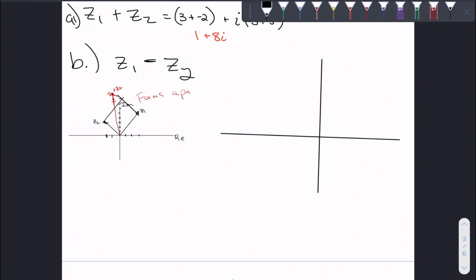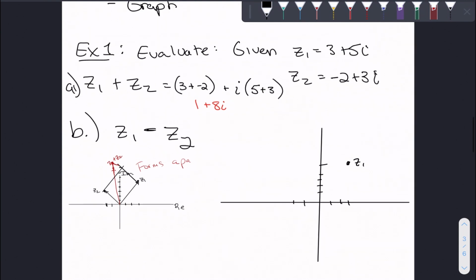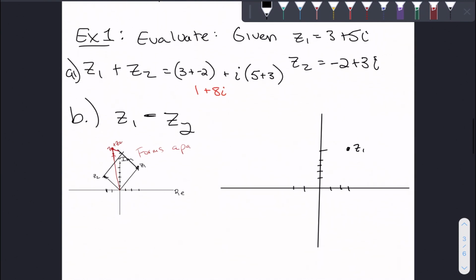So if I have my 3 plus 5i, that's z1, and then z2 is negative 2 plus 3i. There's z2. Well, subtraction should be like the opposite of addition, and so order does matter.